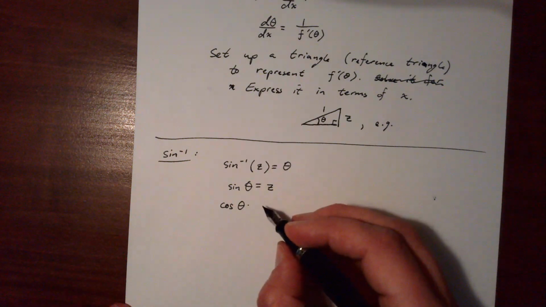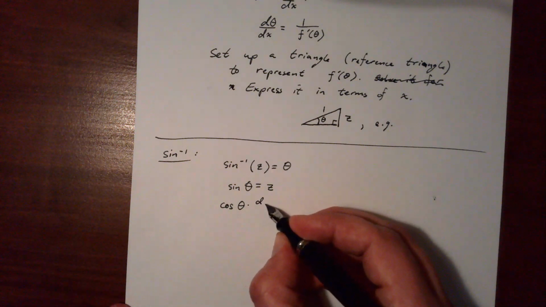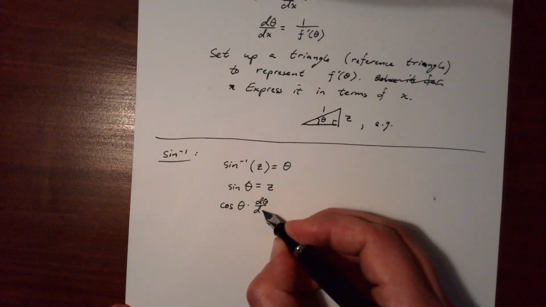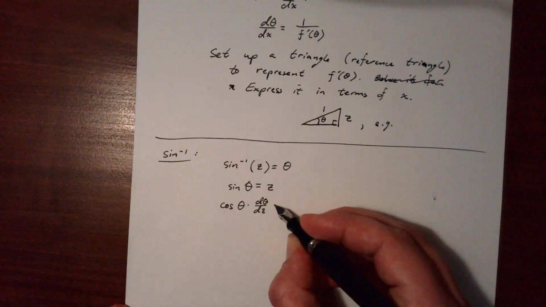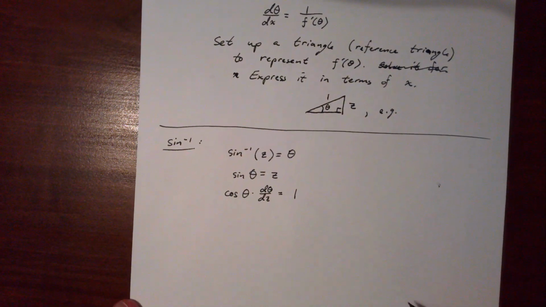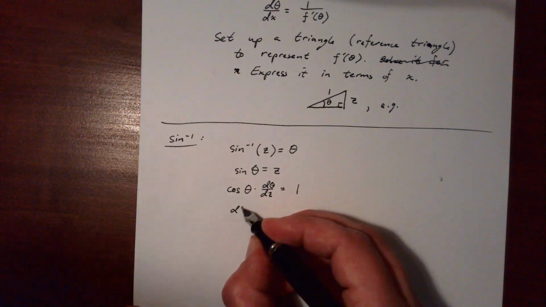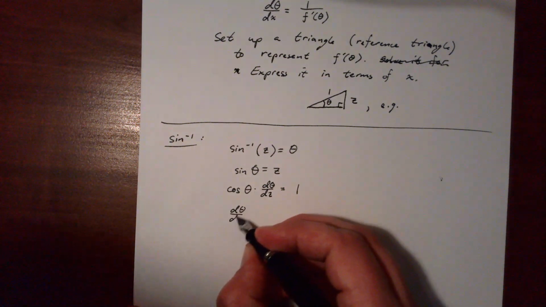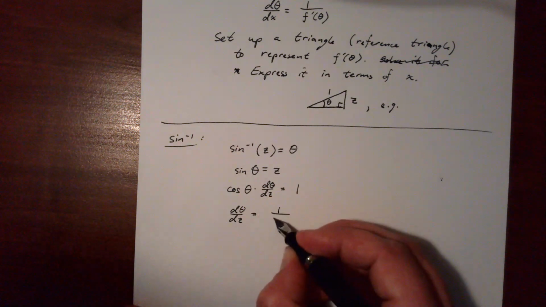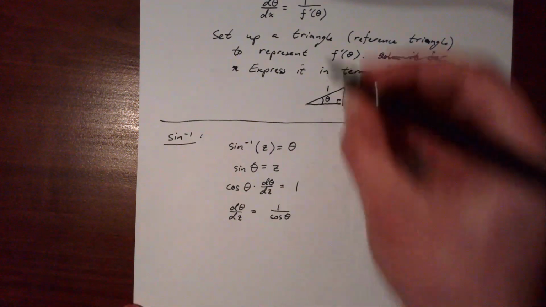And then what we're going to have here is the derivative of theta with respect to z. On this side, I'm just going to end up with a 1. So that's nice. And so then d theta dz is 1 over the cosine of theta. Alright, so this is what it means to say f prime of theta.